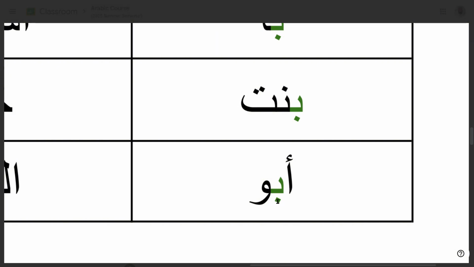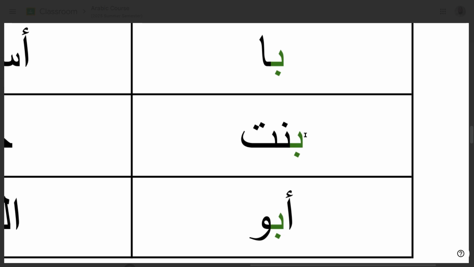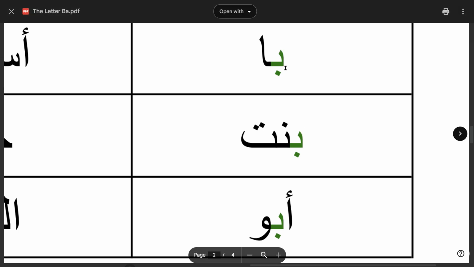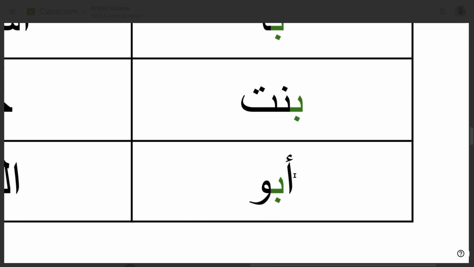Now, the question comes, why did I put this as an initial letter when it's not in the beginning of a word? I said initial is when you start in the beginning. Why is this considered the beginning? Because the initial, middle, and end is when you have a combination of letters.